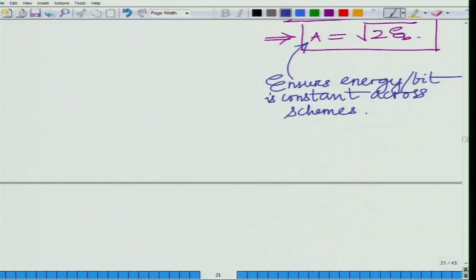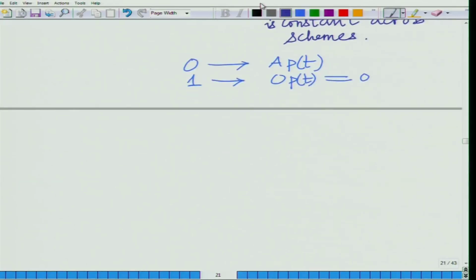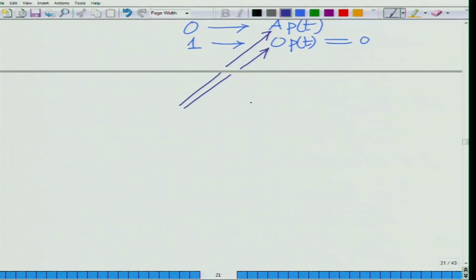Now, as I have already told you, here we have 0 being mapped to A times p(t). I am formally stating this once again. 1 is mapped to 0 times p(t) equals 0. Both the schemes differ in amplitude, that is, if you look at both the schemes, both the waveforms differ in amplitude.